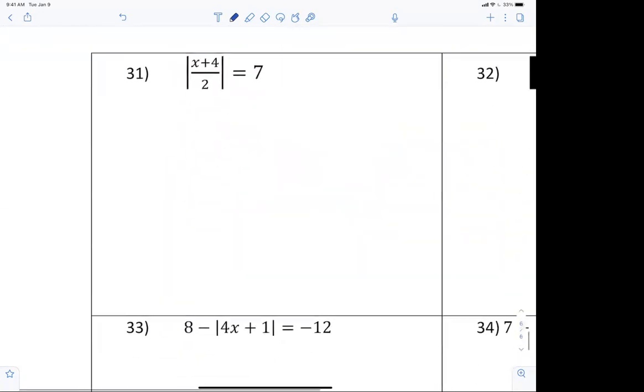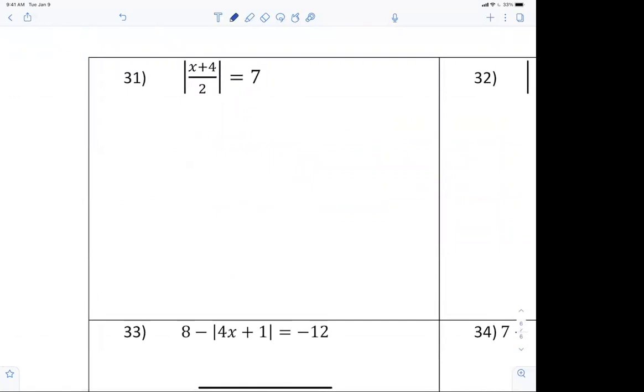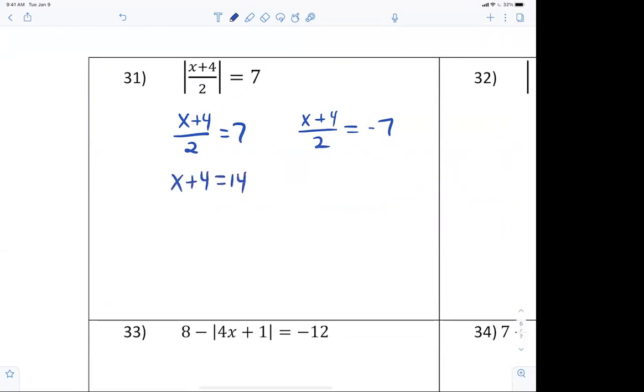Let's check out 32. Now, again, not a big deal. X plus 4 over 2 equals 7. X plus 4 over 2 equals -7. So what do I do first? Multiply by 2. And now what?